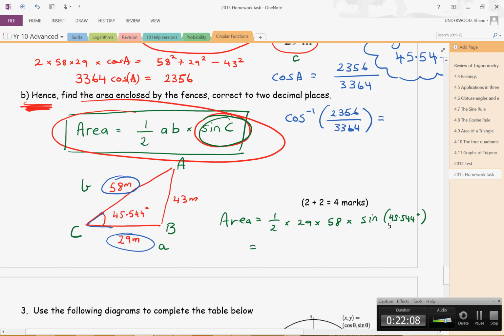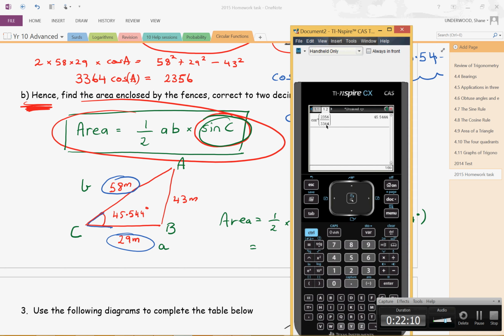So we work that out: 0.5 times 29 times 58 times the sine of the angle between them, which was 45.544.